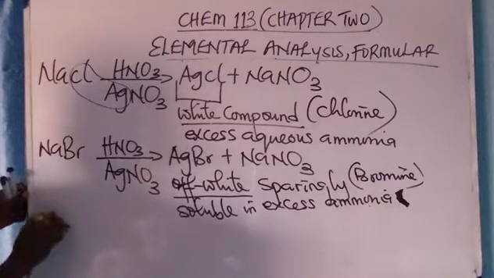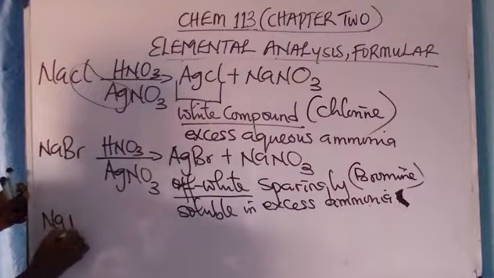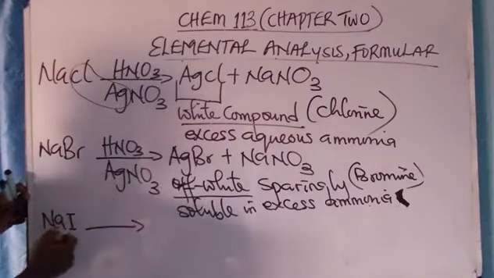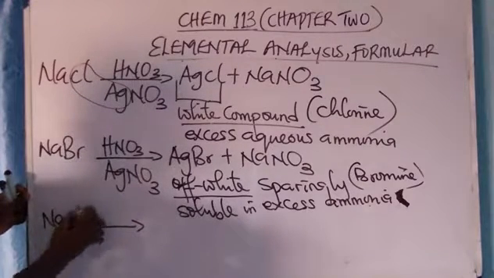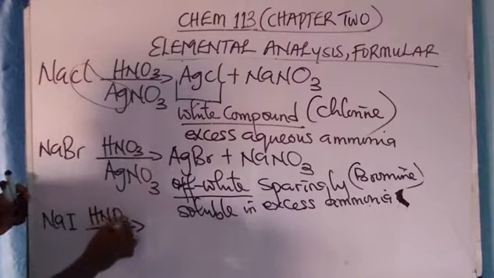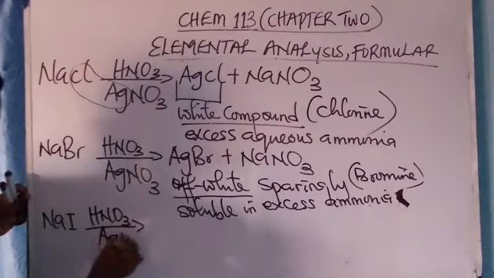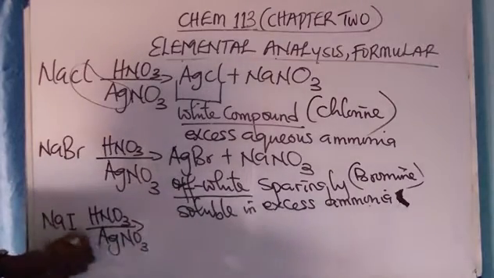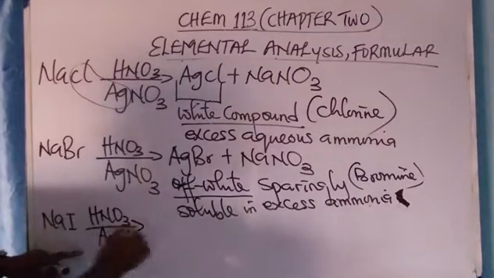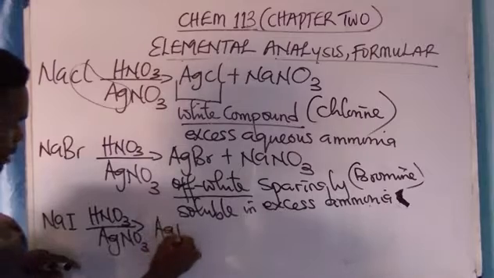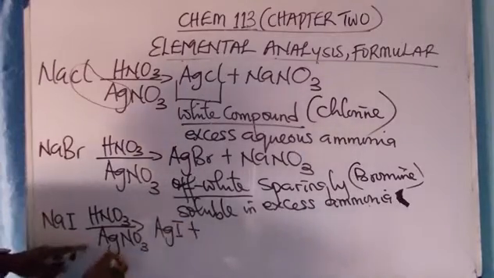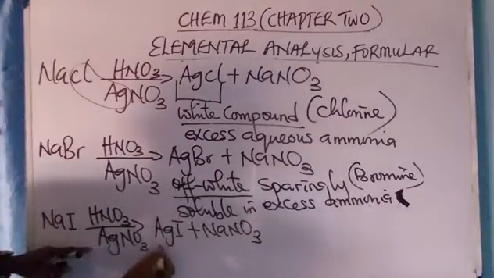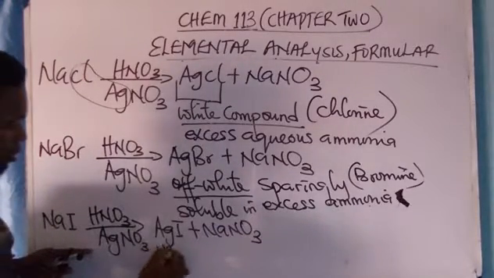Now, if sodium iodide should be reacted with these same entities, I will have silver iodide plus NaNO3. Now, this silver iodide is yellow in color.